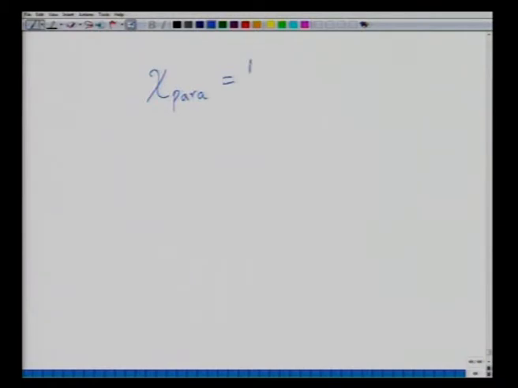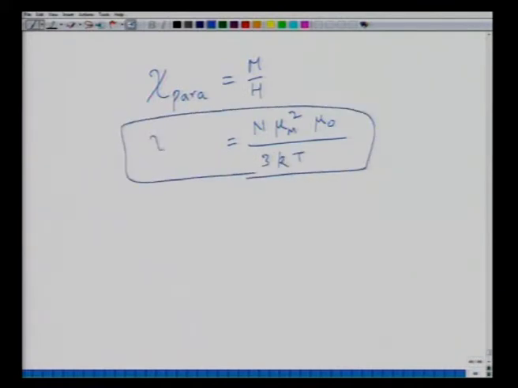It is given as M by H, and this is equal to n mu m squared mu naught divided by 3kT, and this is the same expression that, if you remember, you got for polar dielectrics when we were talking about the orientation polarization. So, what this paramagnetic susceptibility shows you is it depends upon mu m, which is the magnetic moment for the atoms, and T, which is the temperature. So, it is a temperature dependent susceptibility.